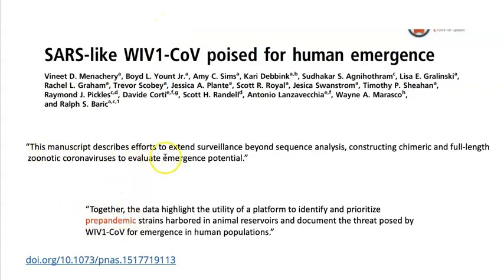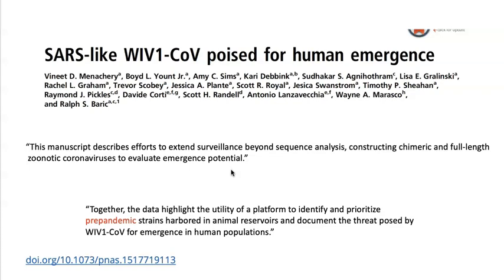This manuscript describes efforts to extend surveillance beyond sequence analysis. They were constructing chimeric and full-length zoonotic animal-infecting coronaviruses to evaluate their emergence potential. That's essentially gain-of-function research. They're creating strains of coronavirus with enhanced ability to infect, in this particular case, humanized cells and humanized animals.